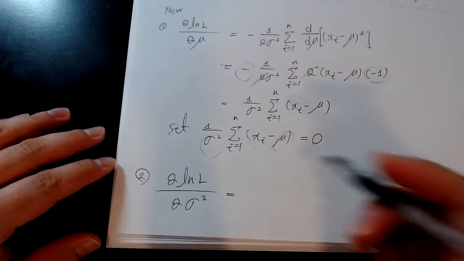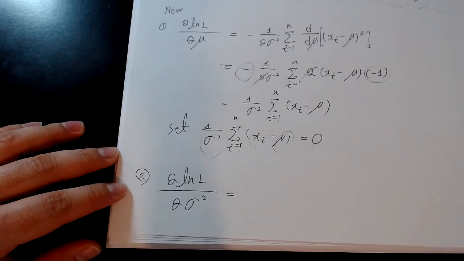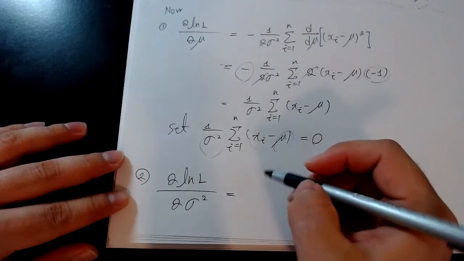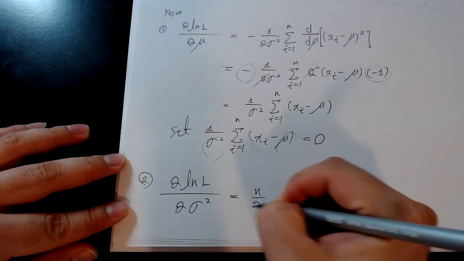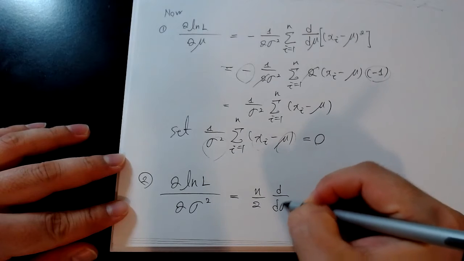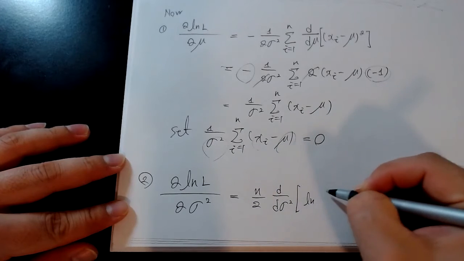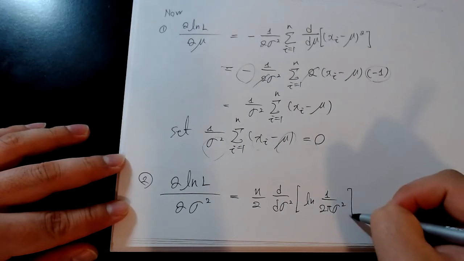So here, the partial derivative of natural log L with respect to sigma square is going to be what? The n over 2 times the derivative of the natural log of sigma square, right? And then 1 over 2 pi sigma square, okay?